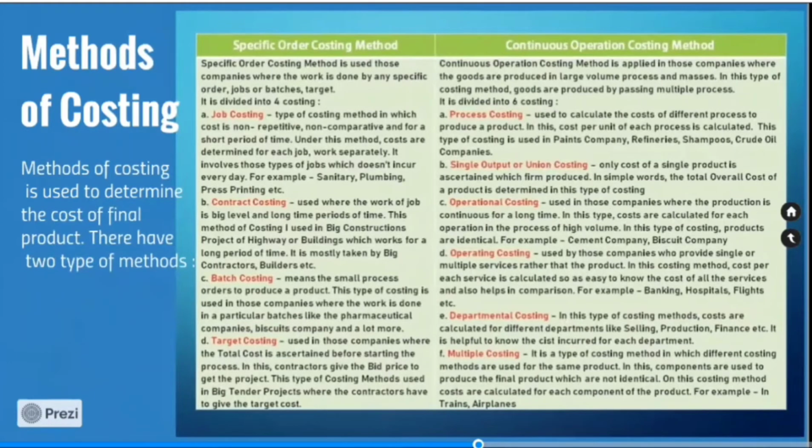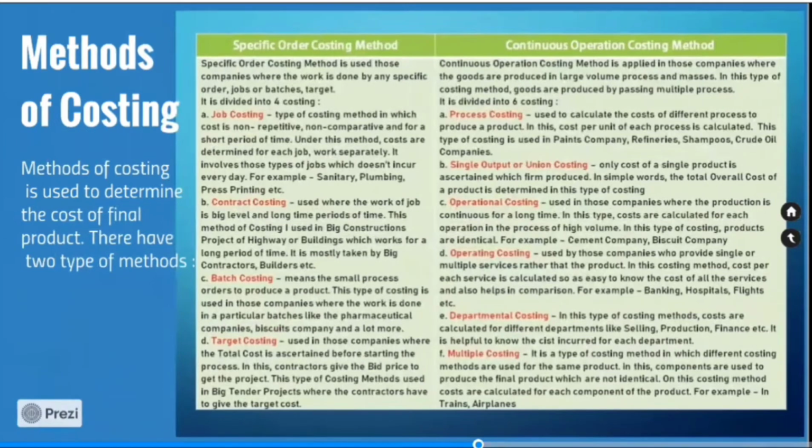Usually used in big construction projects like highways or buildings. Third, batch costing means small process orders to produce a product. Biasanya batch costing ni nak menghasilkan suatu produk dalam batch by batch.